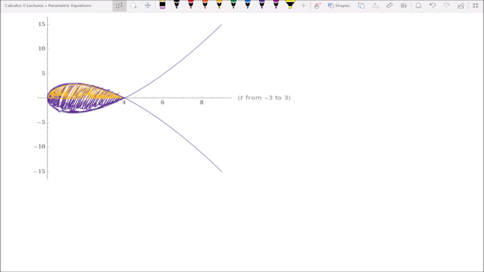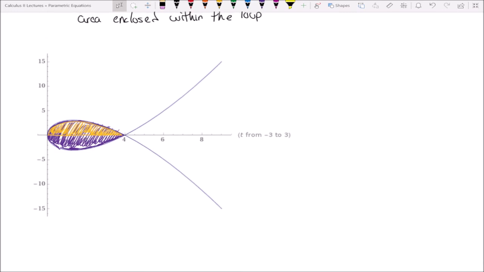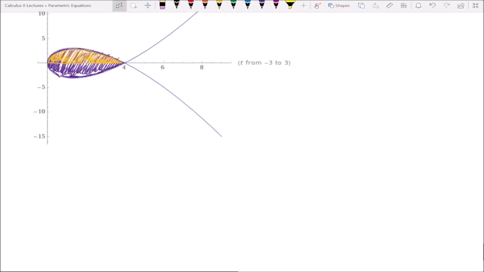All we have to do is determine the values for t. Notice that we're going to have y equal to 0 at both ends of the loop. So we take the y component, set it equal to 0, and solve for t.